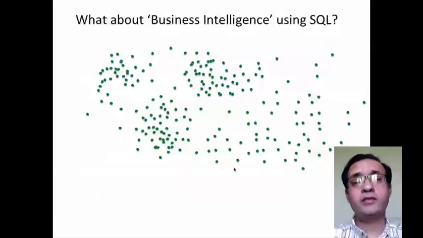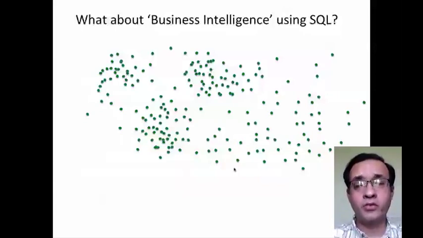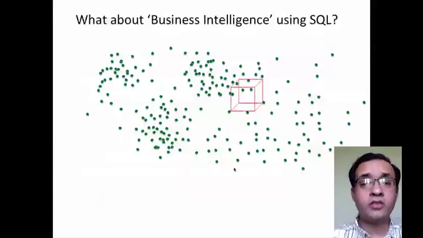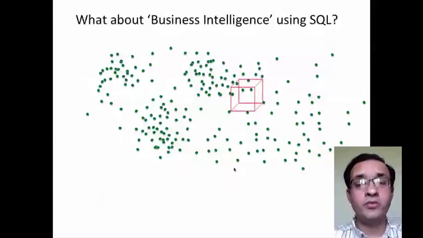Well, think about what somebody doing business intelligence is actually up to. If he has a lot of data, say data about customers represented by these points, what they're trying to do is look at a small slice, by this region, and sales by city, by store, by product.